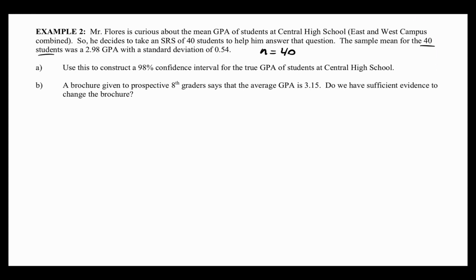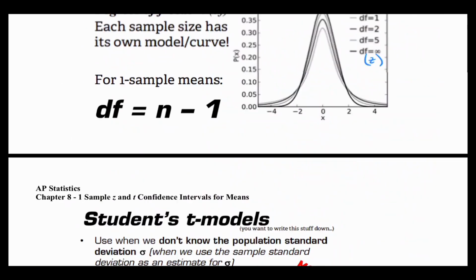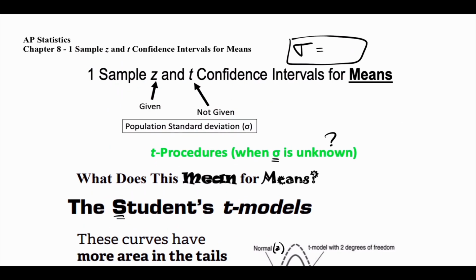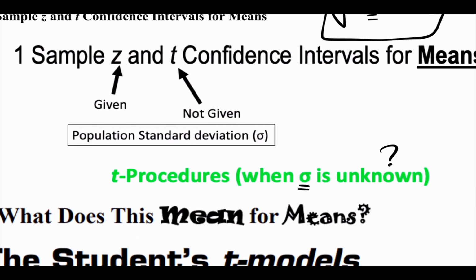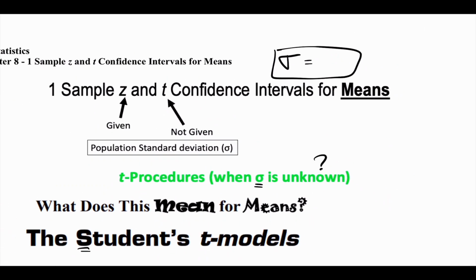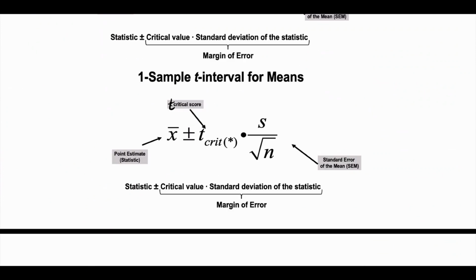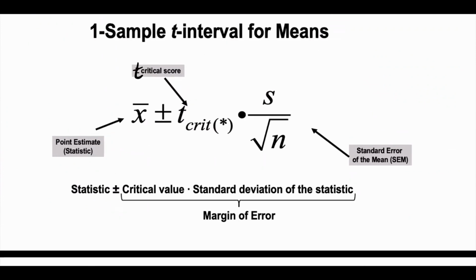Do we know the standard deviation up here? I don't have that, that's the population. Do I have the standard deviation for all of the students or just for the sample? Just for the sample, right? So if I only have it for the sample, it's going to be T.